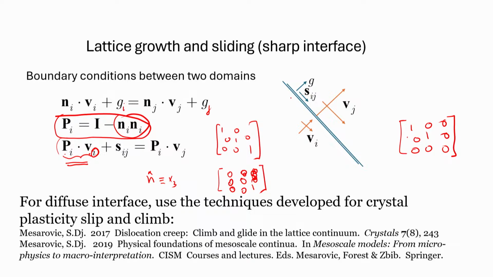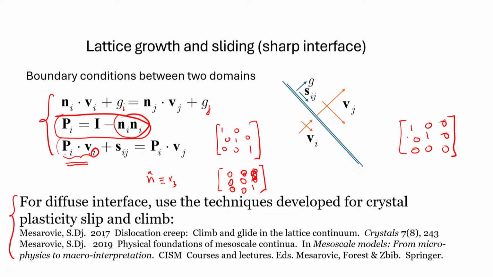Now, how do we translate this in the language of the phase field diffuse interface model? That's a bit of a longish story, but it's fairly intuitive. You may want to read either one of those publications here to see.